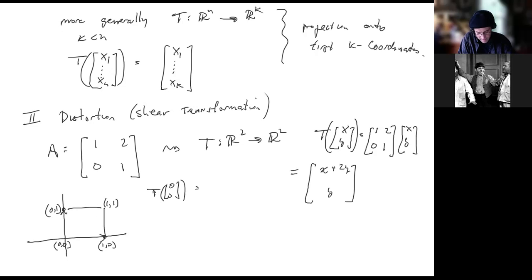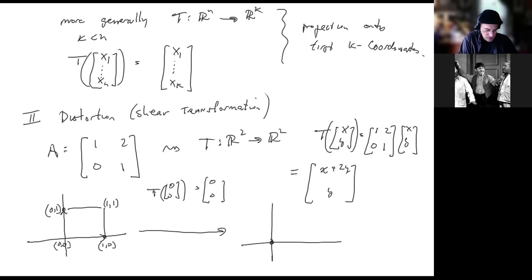That's given by the formula for T, (x plus 2y, y). We get 0 plus 2 times 0, which is 0, and then 0. So you get the 0 vector. So (0, 0) goes to (0, 0). What about the vector (1, 0)?